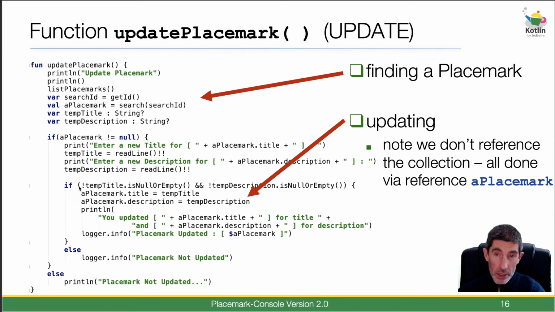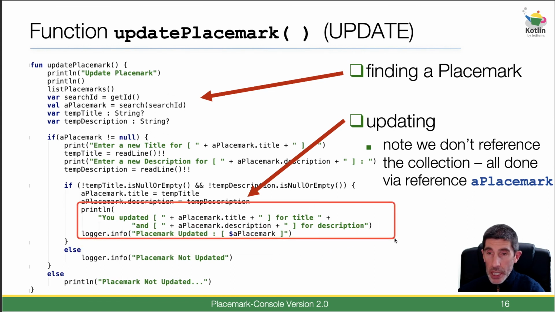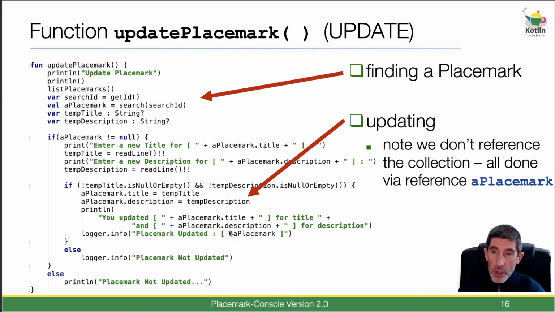So when it's changed here, it's actually updated inside the list. So we don't need to go near the list at all. Again, it's quite nice. Again, just some extra information, telling the user what they've updated. So we print you've updated the title, the description, and we log it as well, so we just use $it placemark. Okay, so we'll be seeing that again in the lab.